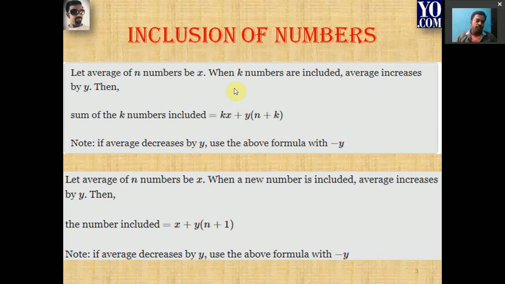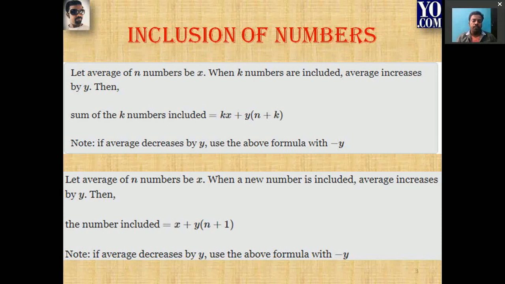Then next formula is, let the average of n numbers be x. When one new number is included, then average increases by y, the same criteria. Then the number included is equal to x plus y times n plus 1.